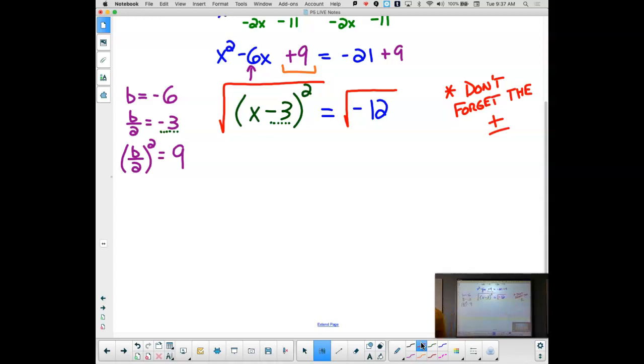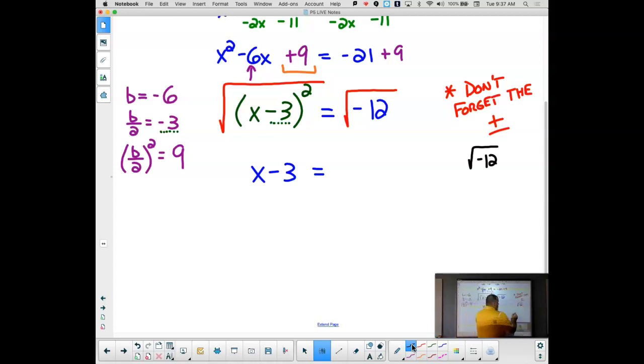Because when we're taking the square root and we're solving, okay, we need to add the plus or minus to any number that we are square rooting. Okay. Left side just becomes x minus 3. Right side now becomes the square root of negative 12. Not a big fan of it.